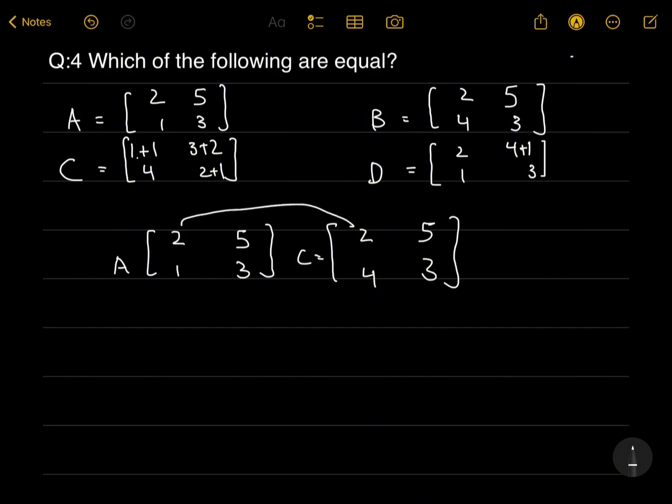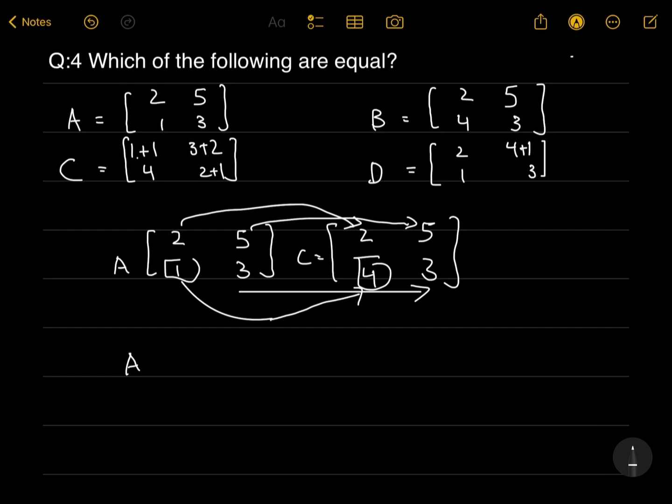This is not equal, because 1 is not equal to 4, and 3 is of course equal to 3. So matrix A is not equal to C.